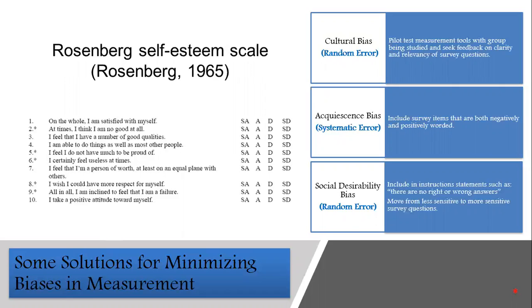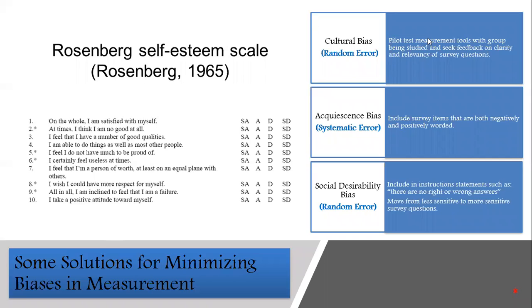This strategy is thought to aid in minimizing misrepresentation, or rather misinterpretation, of survey items, which can lead to random error. To address acquiescence bias, we can include survey items that are both positively and negatively worded.